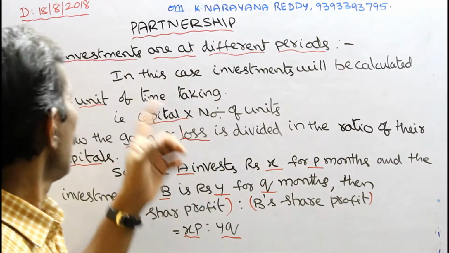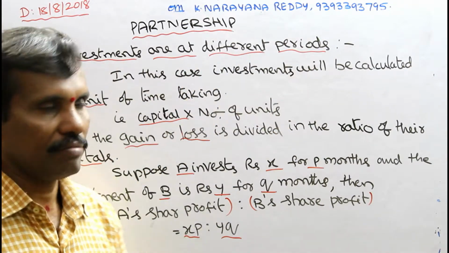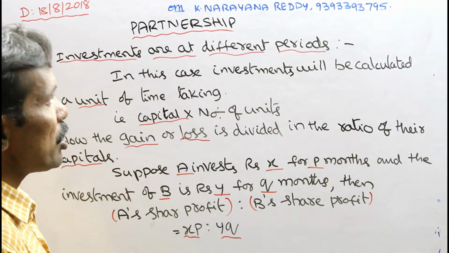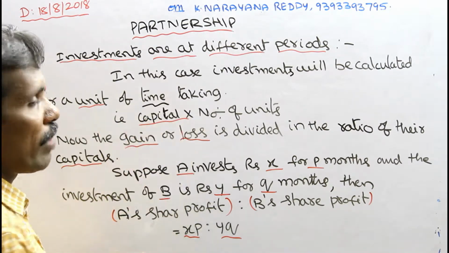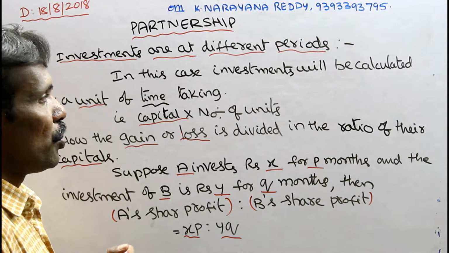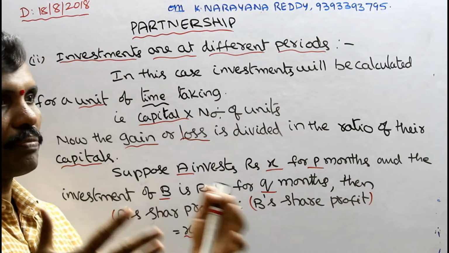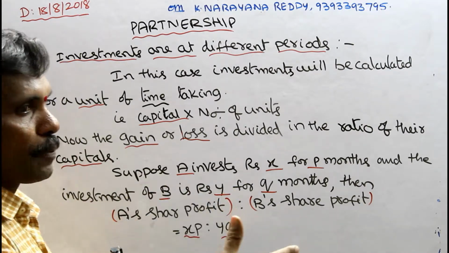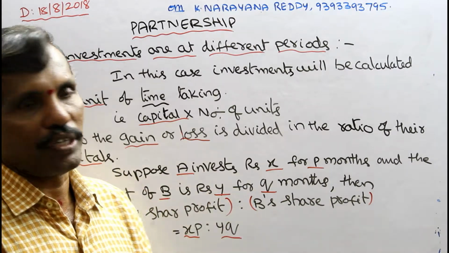See here, investments are at different periods, not at the same time. So in this case, investments are calculated by taking a unit of time. How much time there is and how much investment is happening in that period, depending upon that period and that capital, the gain or loss will be distributed.